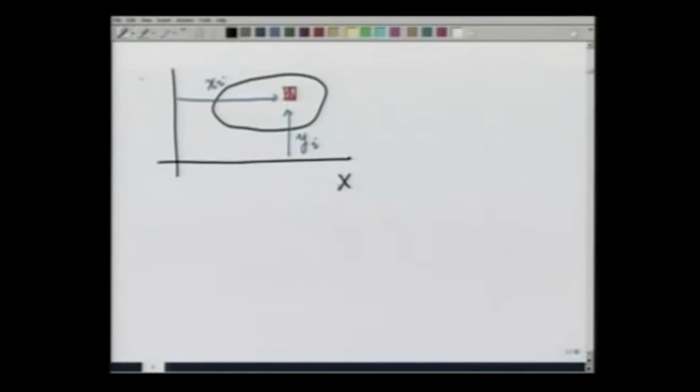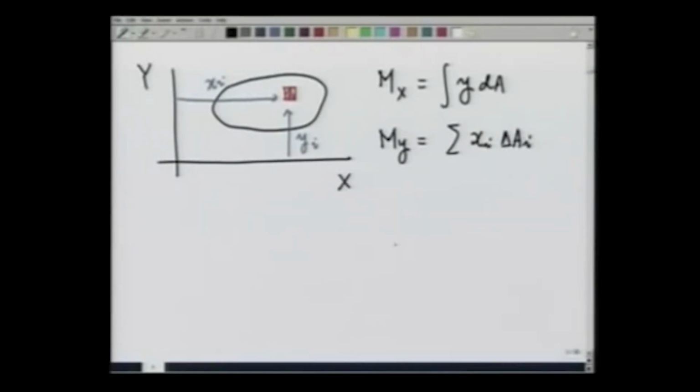This is the x axis, this is the y axis. The first moment about the x axis is y dA, and similarly the first moment about the y axis is the summation of xi delta Ai, which in the limit of continuous area becomes the integral of x dA.